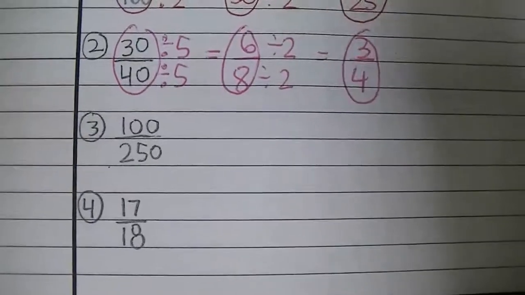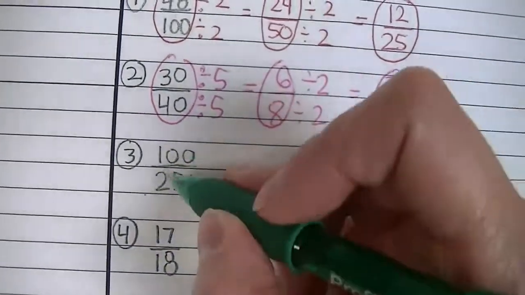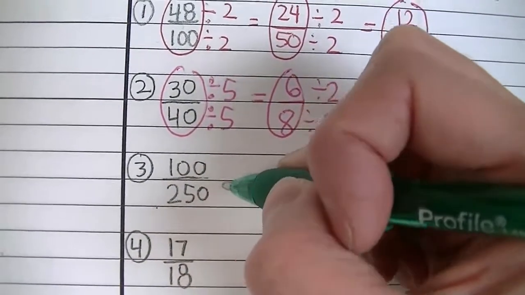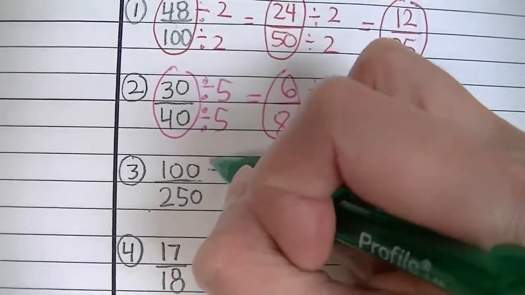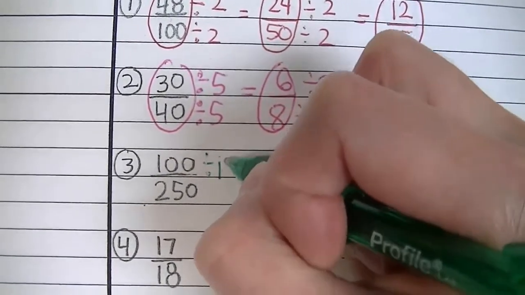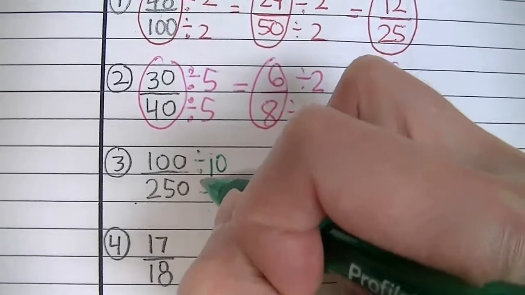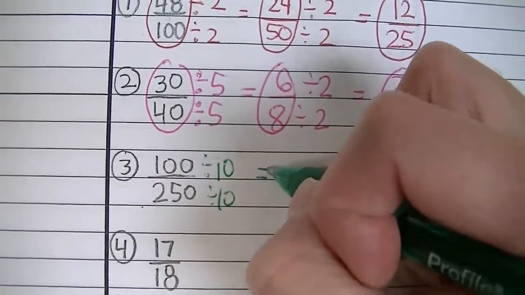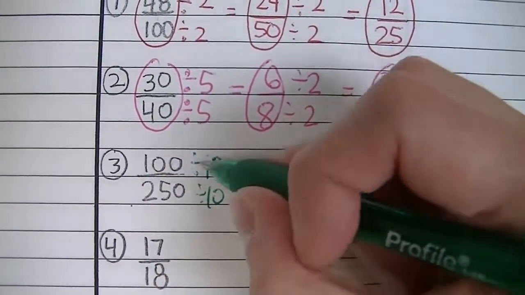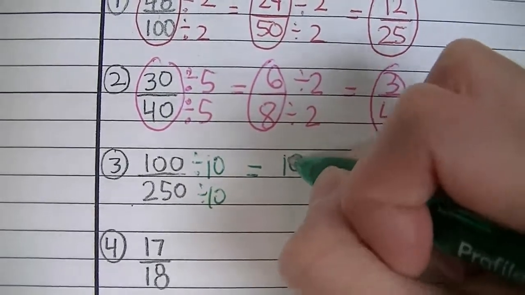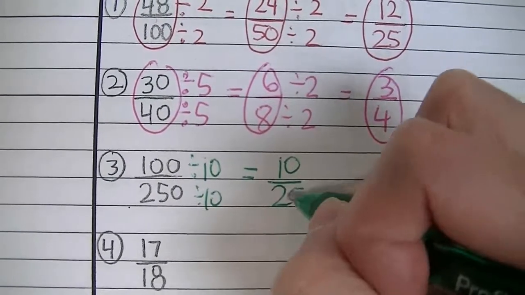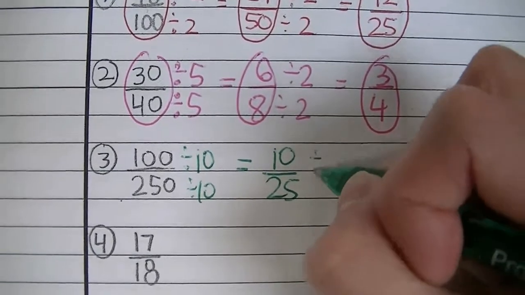Number 3, think of a number that can go into both 100 and 250 equally. I'm thinking of 10. You might have used 2 or another number, and your answer will work too. Just simplify it all the way down. 100 divided by 10 is 10. 250 divided by 10 is 25. And I think I can divide by 5.